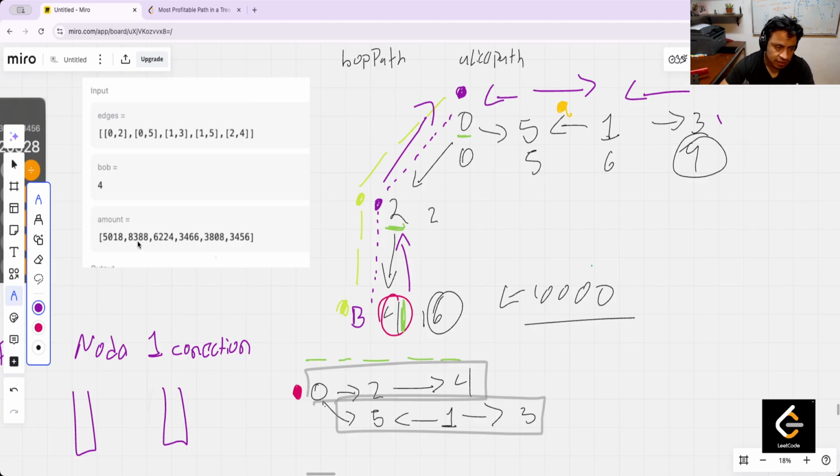The first is that if a value appears here, it means that it's not possible that this is a leaf. It's not part of the leaves.